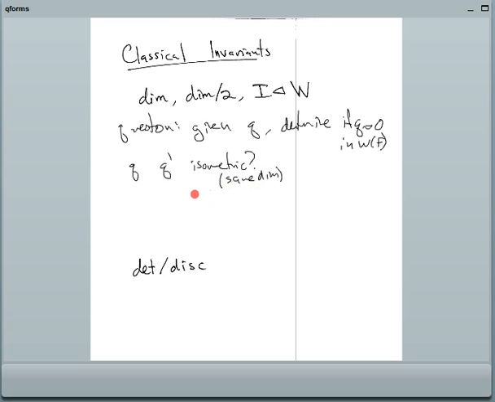But once they have the same dimension, you can consider their difference in the Witt ring, and you can ask, is this difference 0? If this difference was equal to 0 in the Witt ring, that would tell you that Q is similar to Q prime, which would tell you by the definition of similarity that they differ by some number of hyperbolic planes.